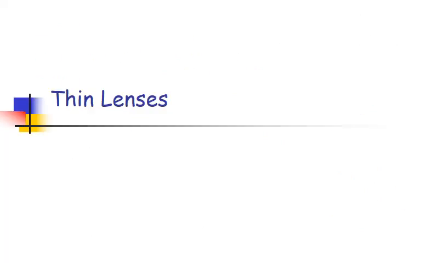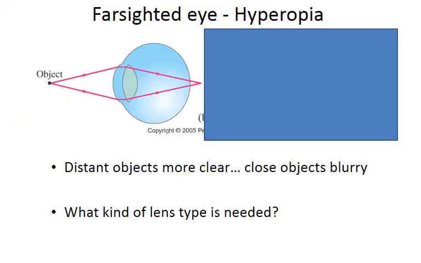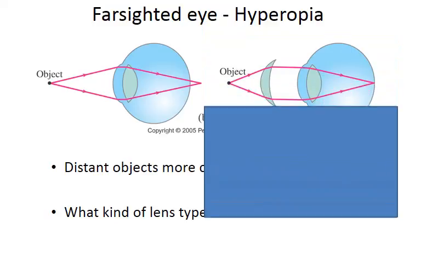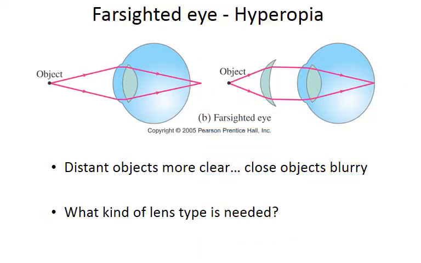All right, so now we're ready to look at thin lenses, and the first one that we're going to look at will help with what's called farsightedness or hyperopia. This is where we're looking at an object, and in a person that has hyperopia or farsightedness, the image can't form on the back of the retina. So we can get a lens that's a convex lens, that's wider in the middle, and it'll cause the rays to start to bend inward.